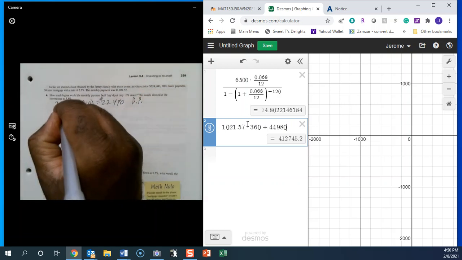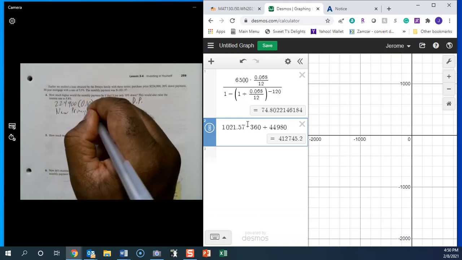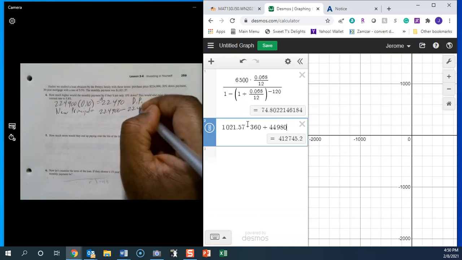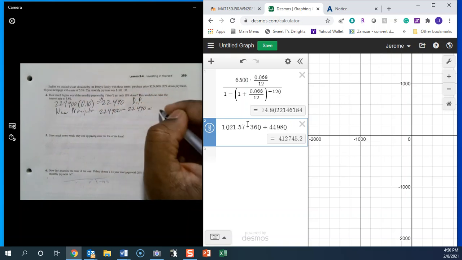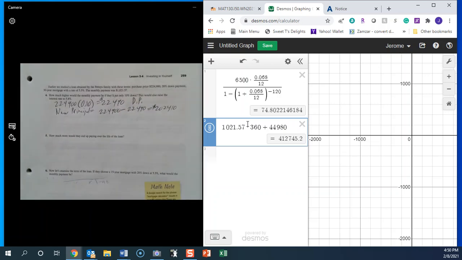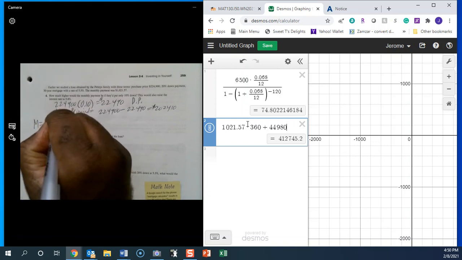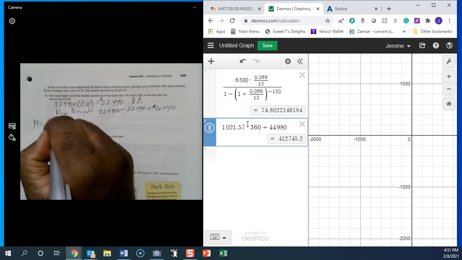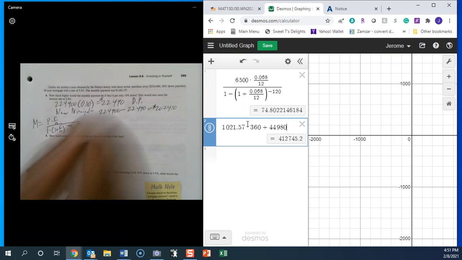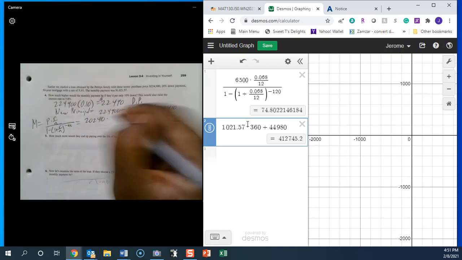So the new principal, and I just put it as new principal, you could just put principal. The new principal would be 224,900 minus 22,490, which would give us $202,410. So we will put that in the formula. M is equal to the principal times rate over N, divided by 1 minus 1 plus R over N to the negative NT. So the principal is 202,410.